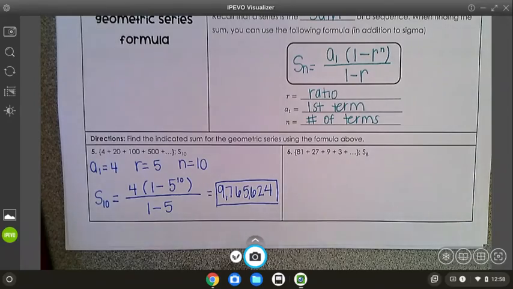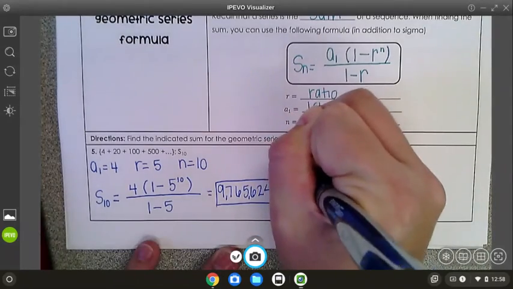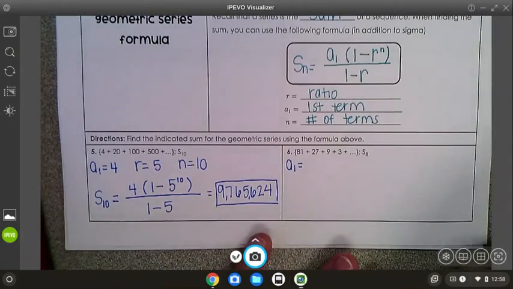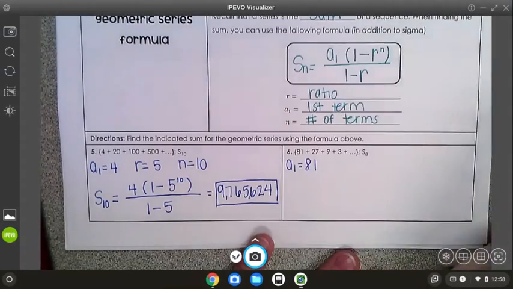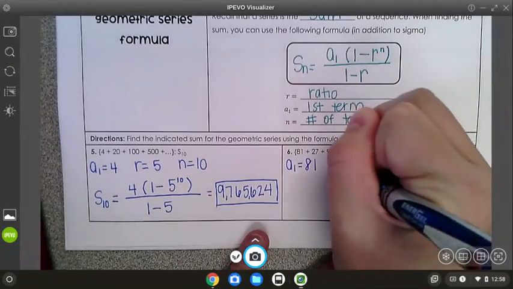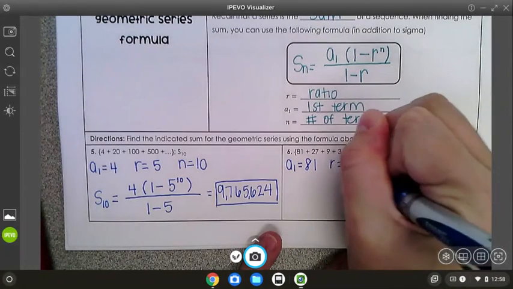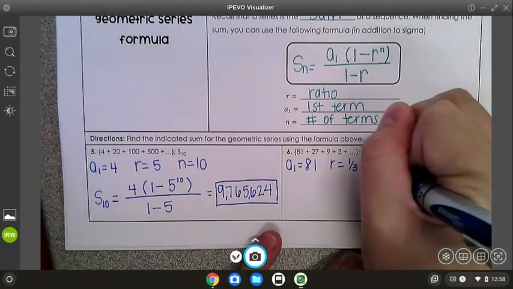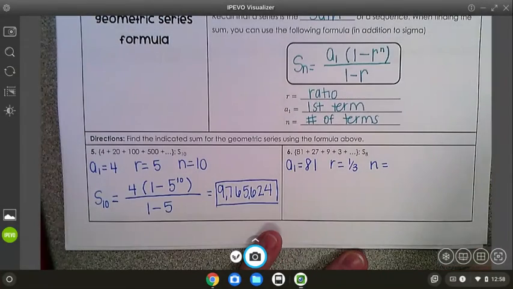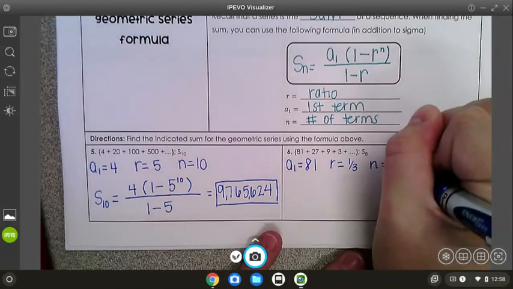All right, number 6. What is your A1? 81. What is your R? 1/3. And what is N? 8.